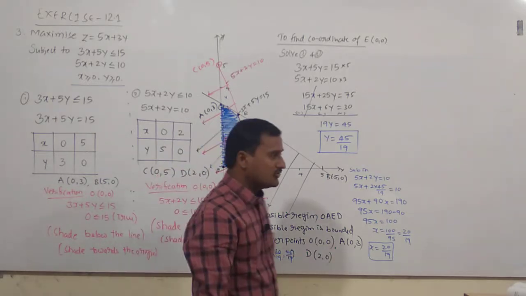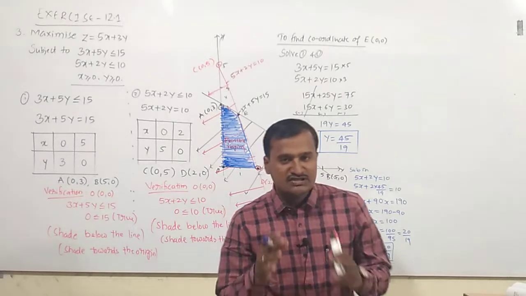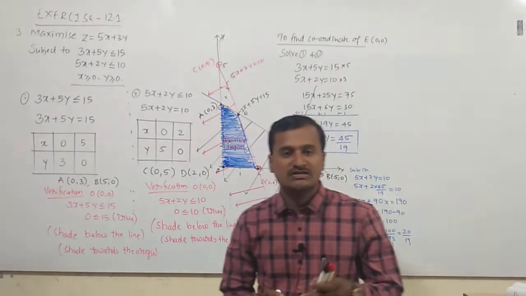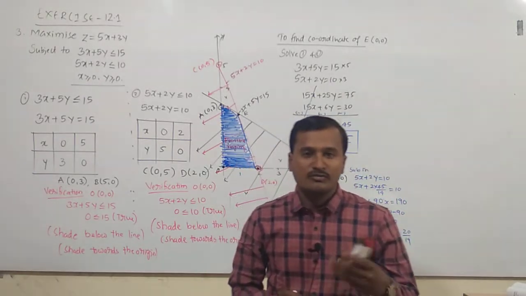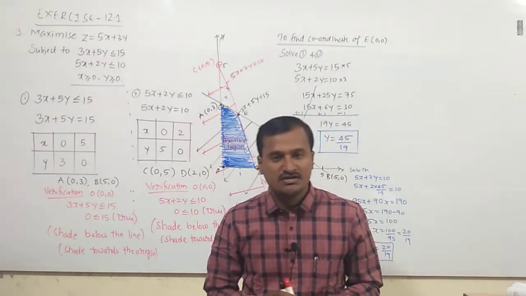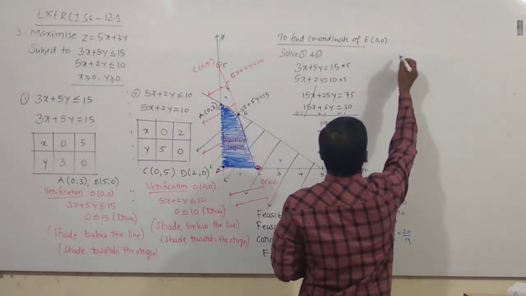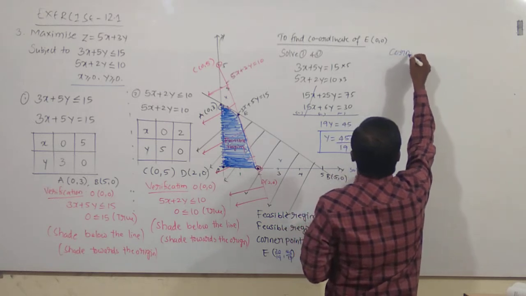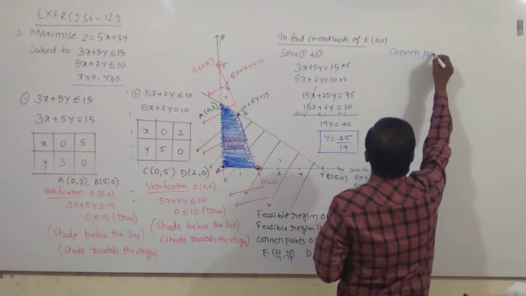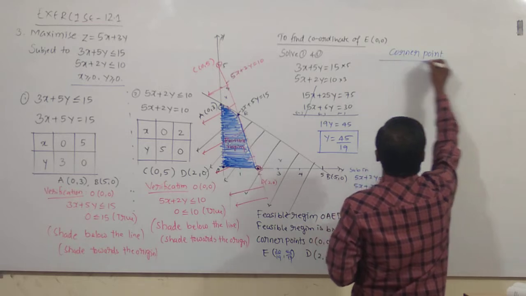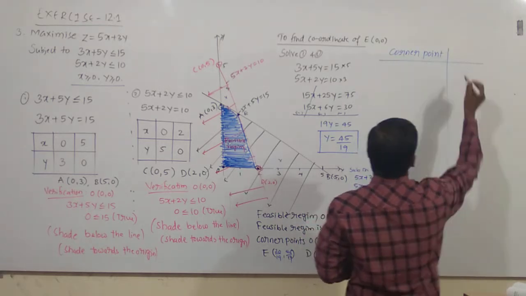Now we already know that the feasible region is bounded, hence the maximum or minimum value of z always occurs at a corner point. So here we will go to the corner points, and here we will take the objective function.